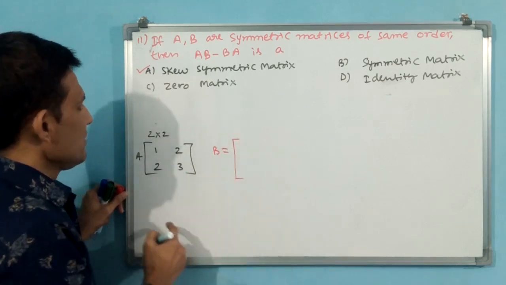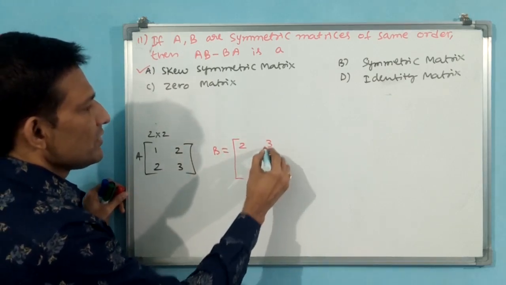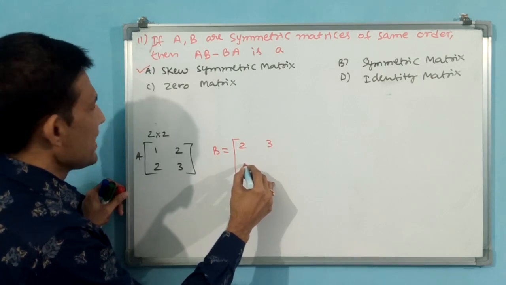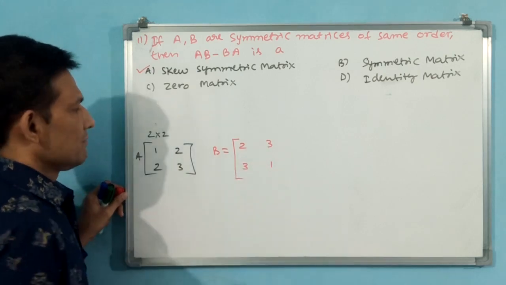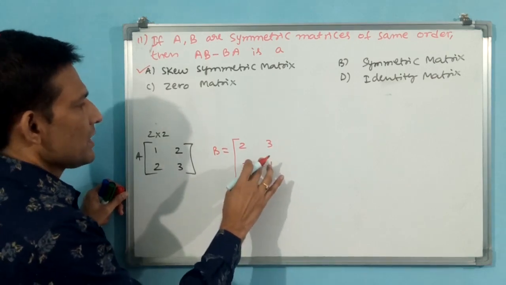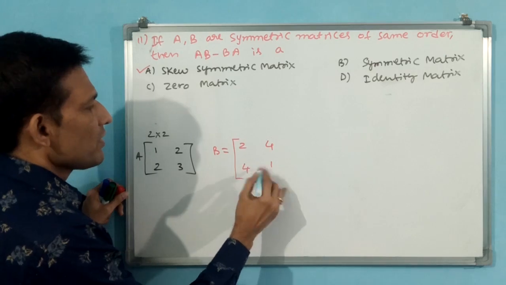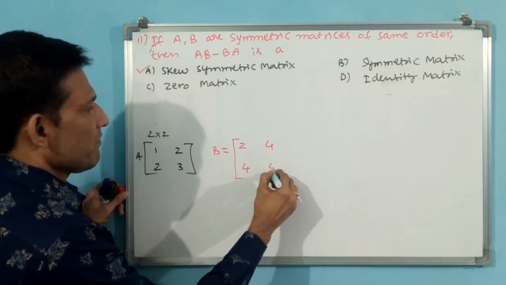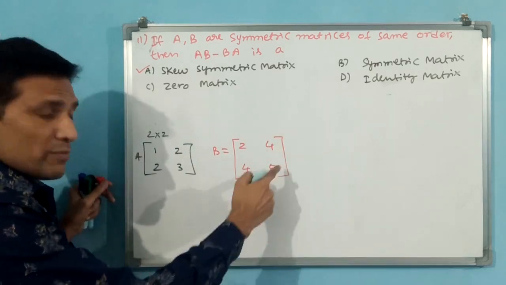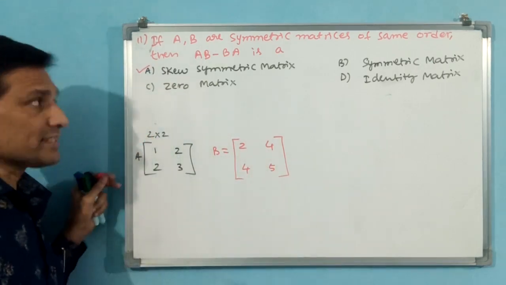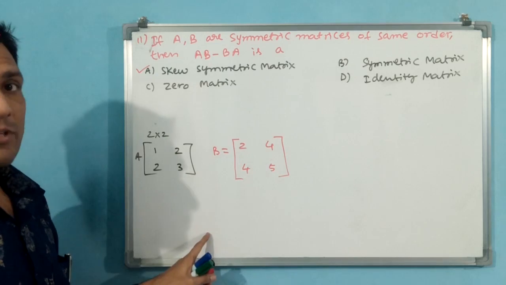Let us take B as 2, 4, 4, 5. You see, 2, 4, 4, 5. Both are symmetric matrices. A, B are symmetric matrices of the same order.